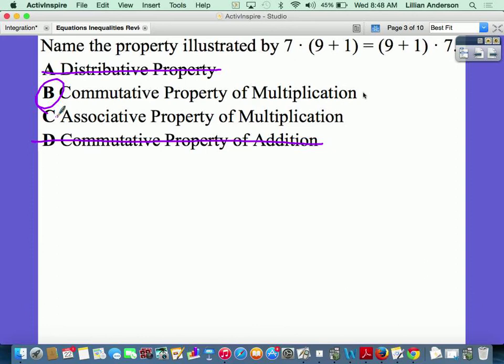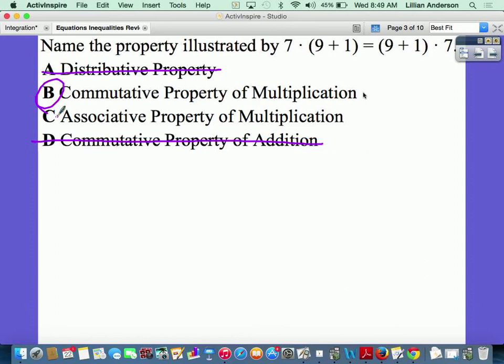Commutative property basically means that you switch places. Okay, you see how the x plus 9 was at the end, but then it was at the beginning here? Commutative property basically switches the places. Associative property would keep the numbers in the same spot, the parentheses would move.